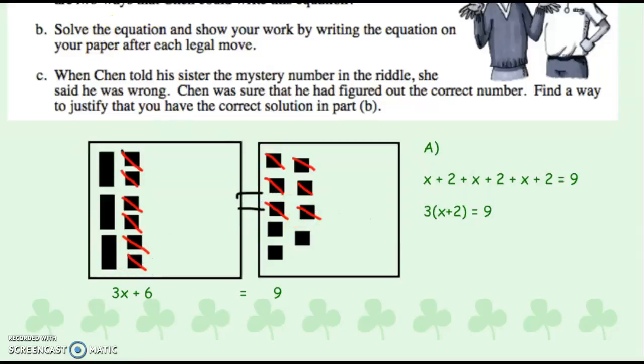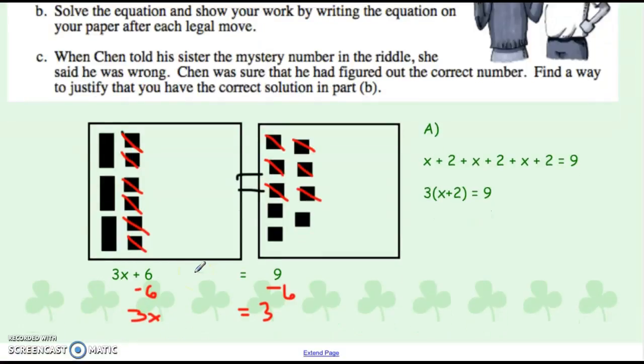Okay, so what I did there is I took 6 away from my left side, which means I take 6 away from my right side. So that would be the same as subtracting 6 from both sides. So now I'm going to end up with 3x, and I can see that in my picture, is equal to 3.